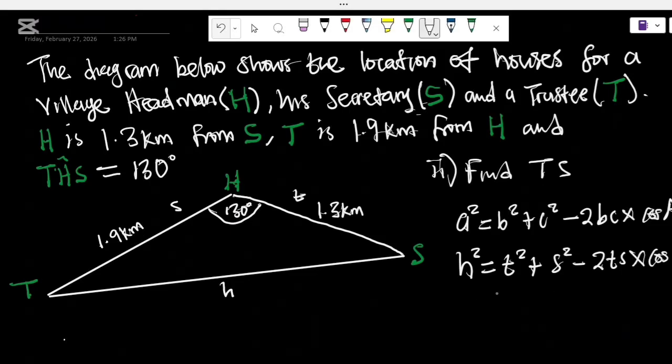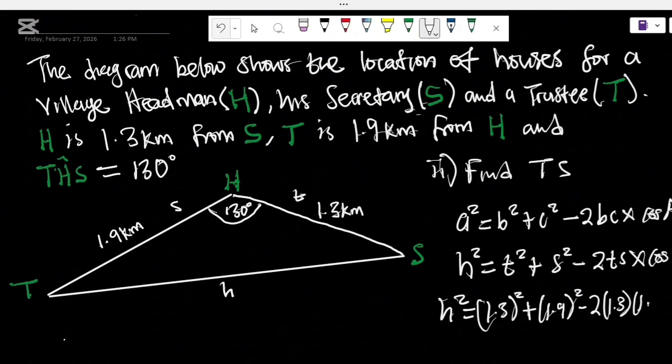Now at this time we can just go ahead and start calculating. So this is going to be h squared, which is equal to, notice that t is 1.3, so we're going to have 1.3 squared plus, then s is 1.9, 1.9 squared minus 2 times 1.3 times 1.9, and this is multiplied by cos 130 degrees.